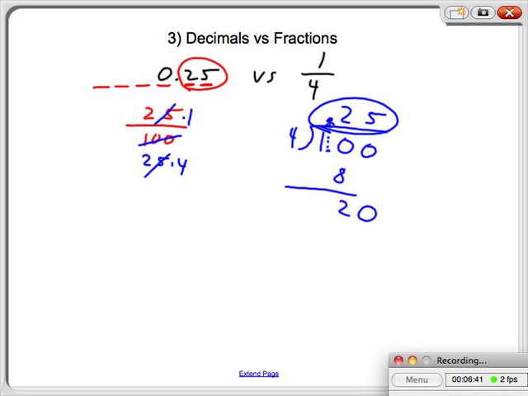We're just using this as a nice example for how you can translate from decimals into fractions or fractions into decimals. Again, they're just two different mathematical ways to describe the same idea. 0.25 equivalent to 1/4. But this will come in handy in one of the problems you have on page 2.